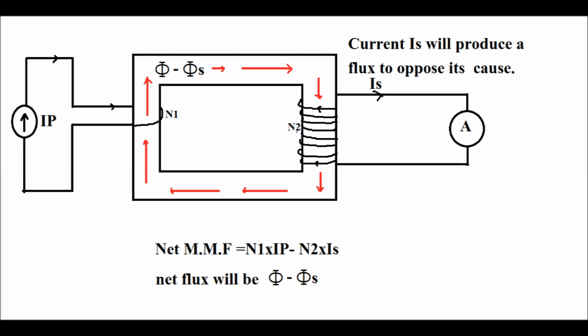Therefore the net MMF, or magnetomotive force, is equal to N1 into IP minus N2 into IS.